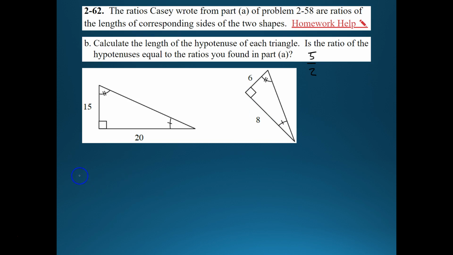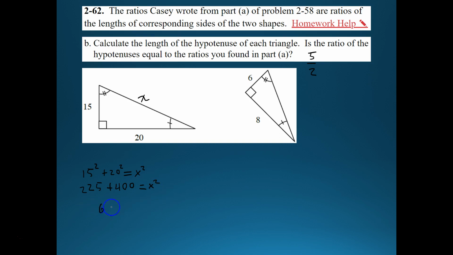For the missing side, let's call it x: 15 squared plus 20 squared is equal to x squared. 15 squared is 225, plus 20 squared is 400, and that's equal to x squared.